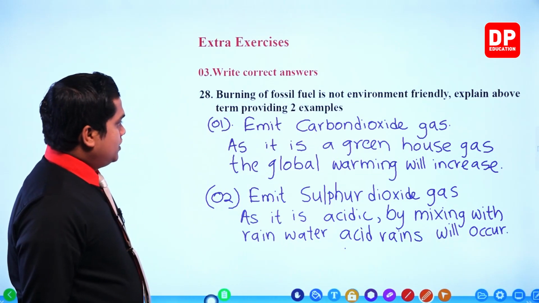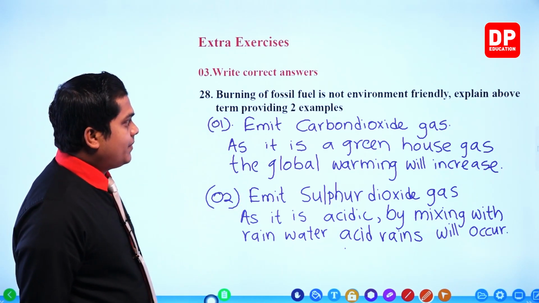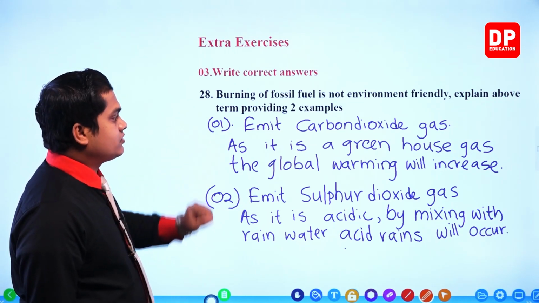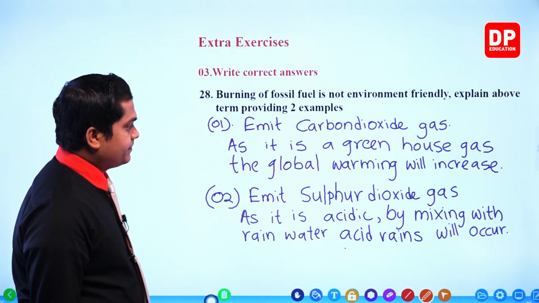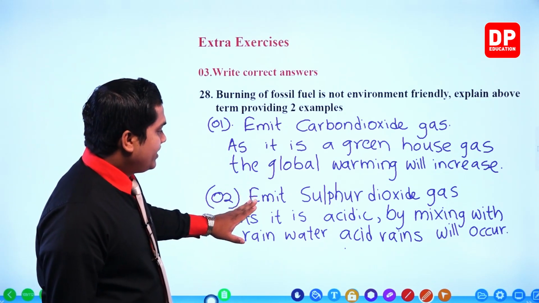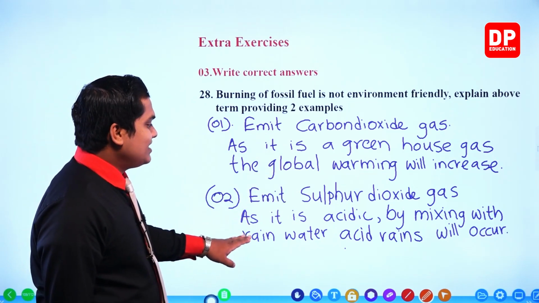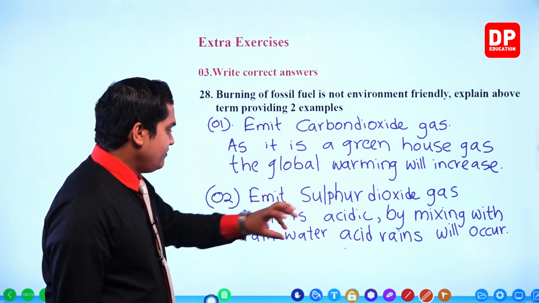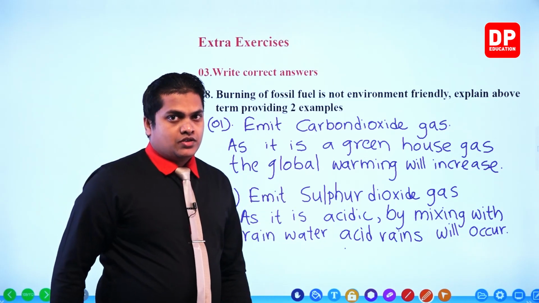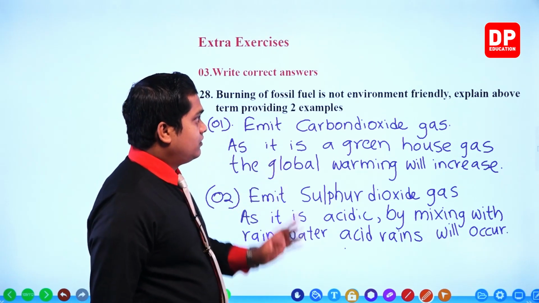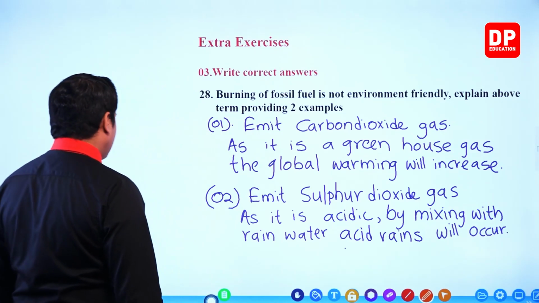Right? So first and foremost, it is going to emit carbon dioxide gas. So it is a greenhouse gas, therefore the global warming will increase. Second one is it is going to emit sulfur dioxide gas. So as it is acidic, by mixing with rainwater, acid rains will occur. Okay? So this is why burning of fossil fuel is not environment friendly, my dear children.